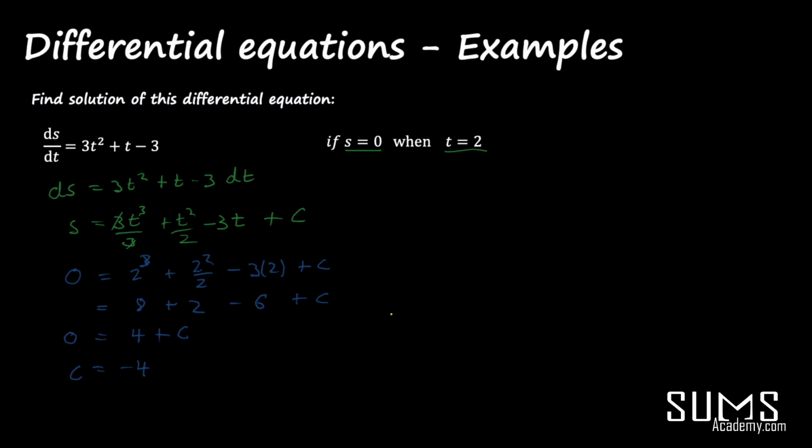So s is equal to t cubed plus t squared over 2 minus 3t minus 4. And that's your final answer. There you go. That's the idea. You want to take these conditions and then substitute that in to get your final result. So we might do a few more examples, but this is the idea.